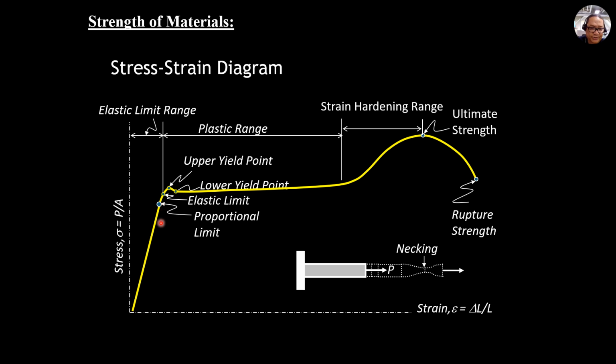Now in this portion here, we have stress strain diagram. The curve is straight, so that means stress is proportional to the strain, and that slope or the constant of proportionality is actually the modulus of elasticity of the material.